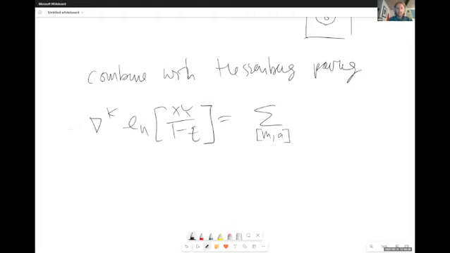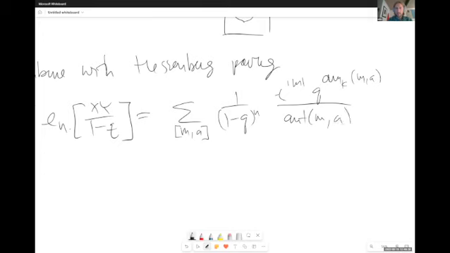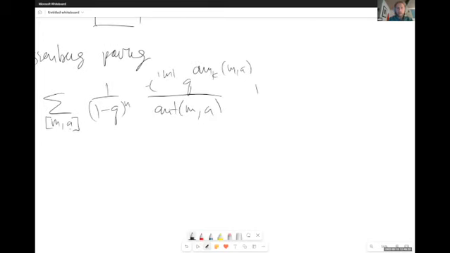But now I have a different quasi-symmetric function in place of the unicellular LLT. Everything is exactly the same, except now, instead of LLT of y, I have this new function, which we denoted by chi.